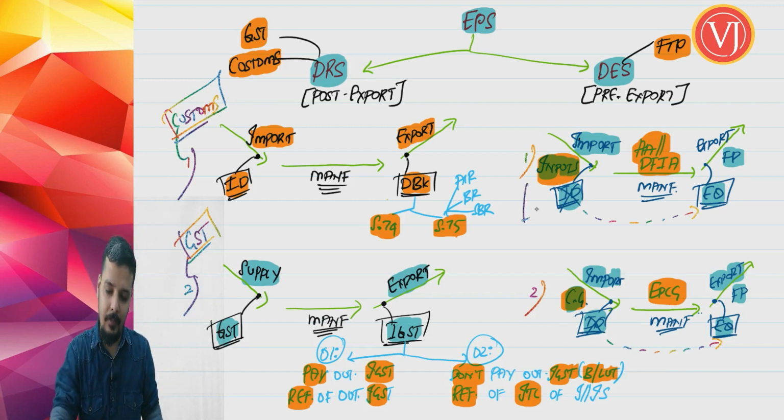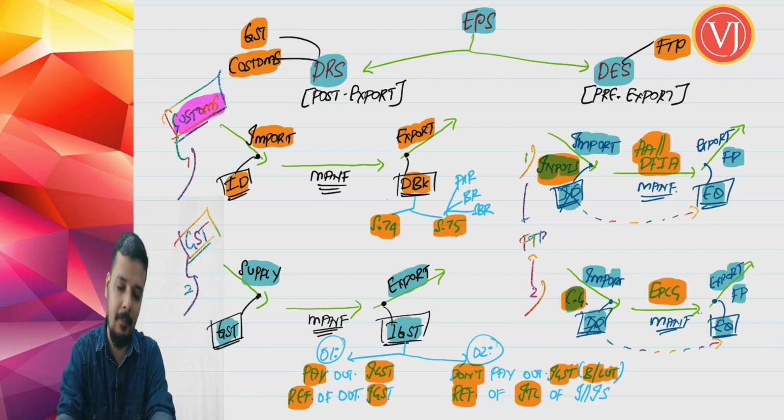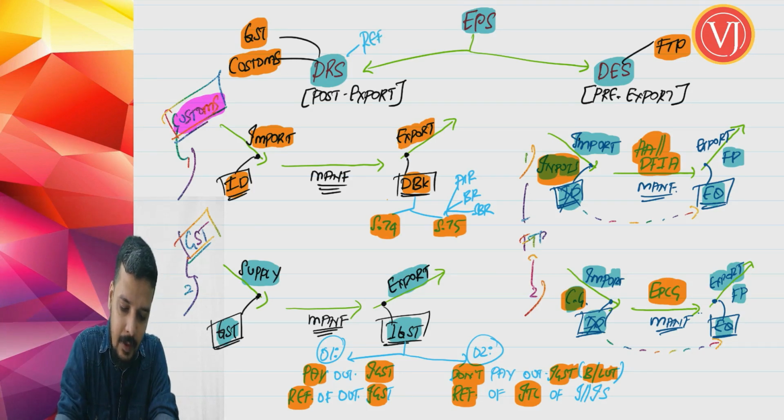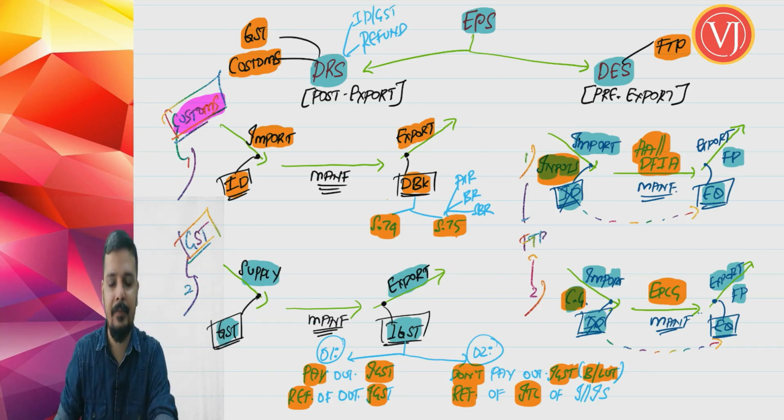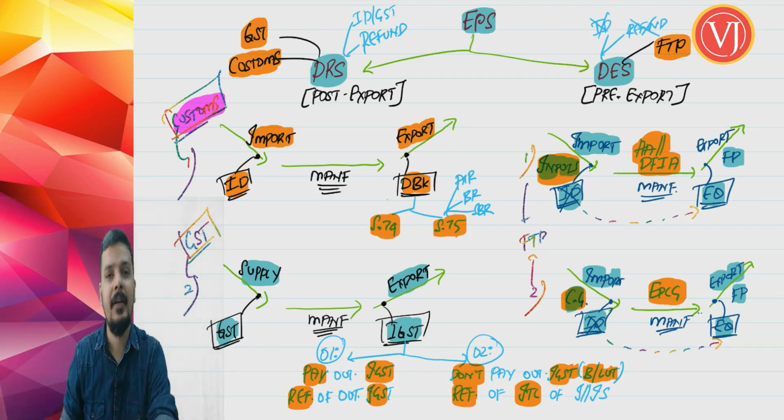So if you look at things very carefully, if you are talking about duty remission, remission means you are talking about your refund. Pay import duty or GST, then go for refund. Here, duty exemption scheme, you don't pay import duty, or rather you are focusing only on import duty, not on your local purchases. You don't pay import duty, there is no need of any refund.